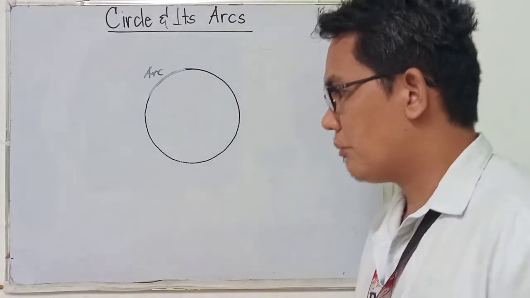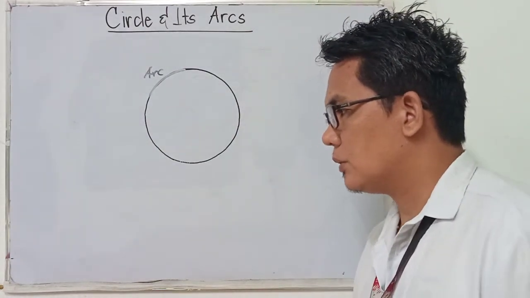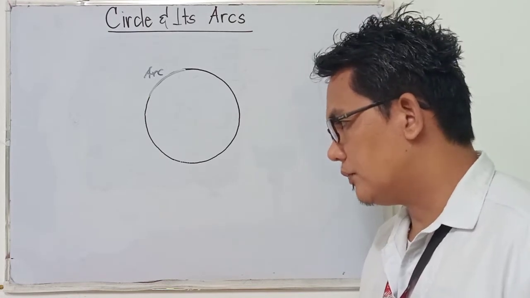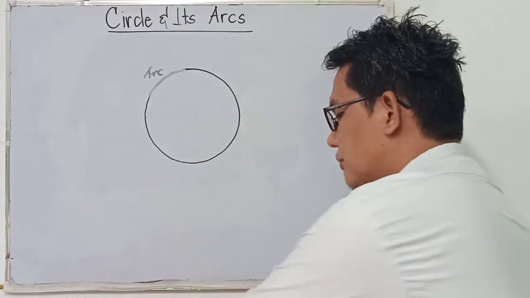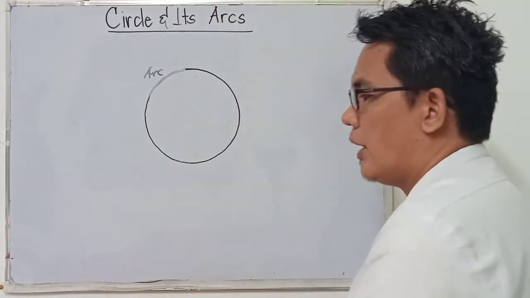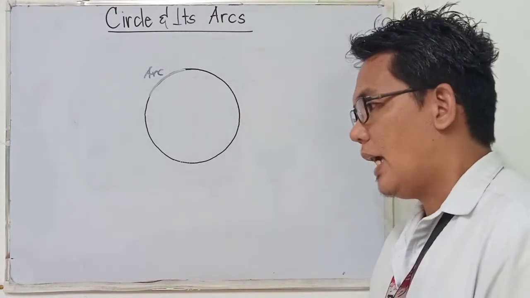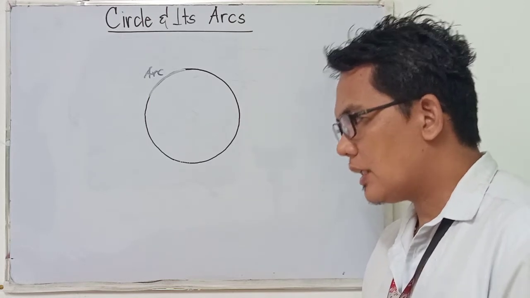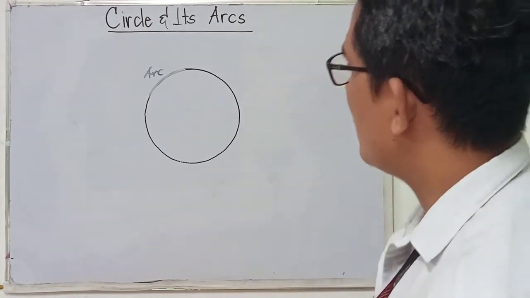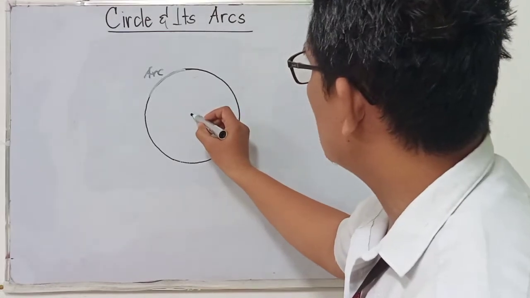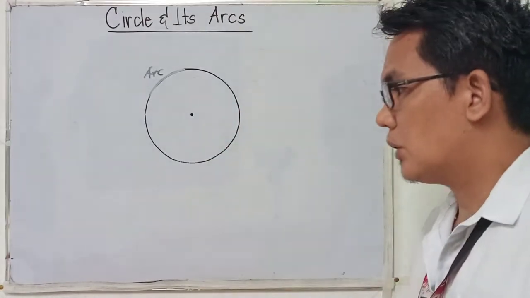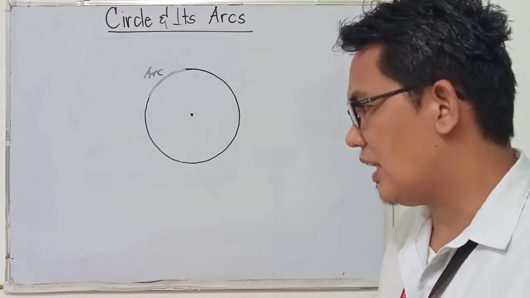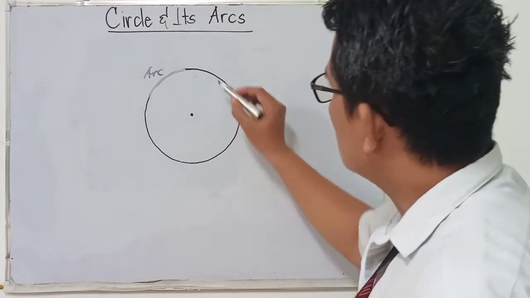Okay? So number 2, an angle formed where the vertex is at the center of a circle. Say for example, if this is the center of our circle, we're going to draw an angle in which the vertex of that angle is at the center.